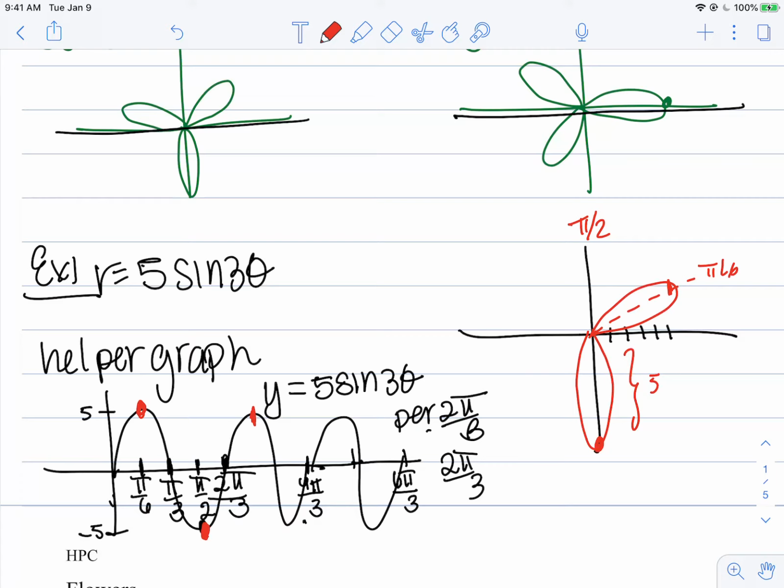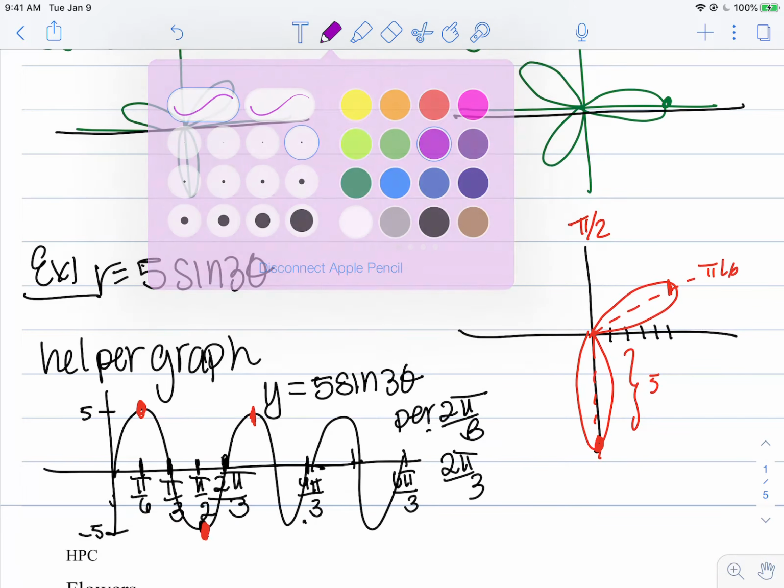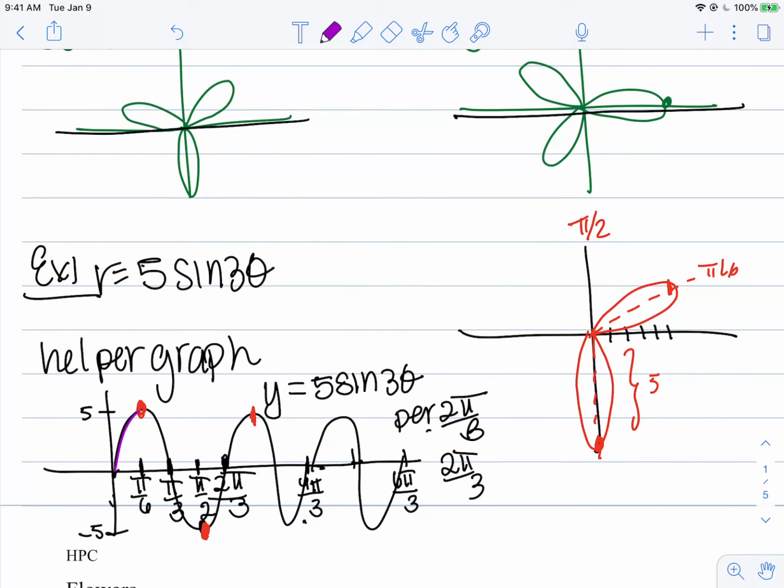And you can do the math and you can do fractions and figure out what that is, but I'm going to use symmetries. Okay, so again, to recap, from 0 to pi over 6, my R value is increasing and it decreases again. And then from pi over 3 to 2 pi over 3, it's getting negative. So that's how I get that leaf.